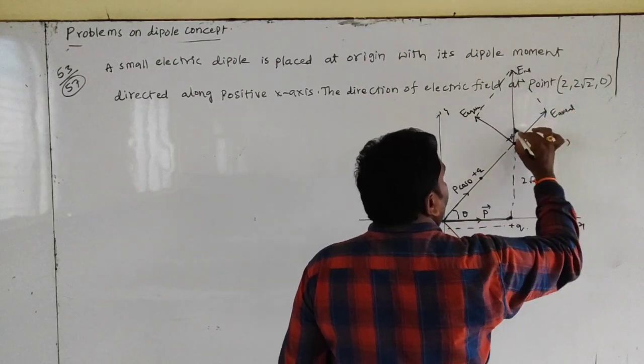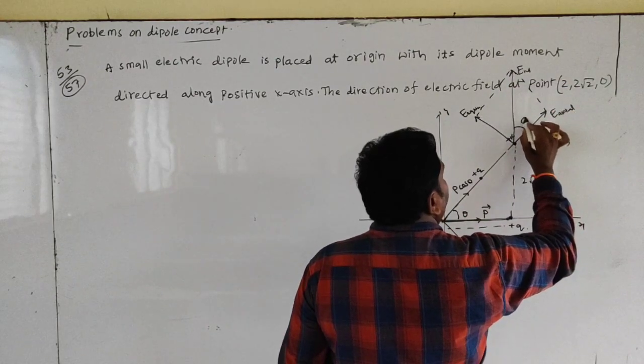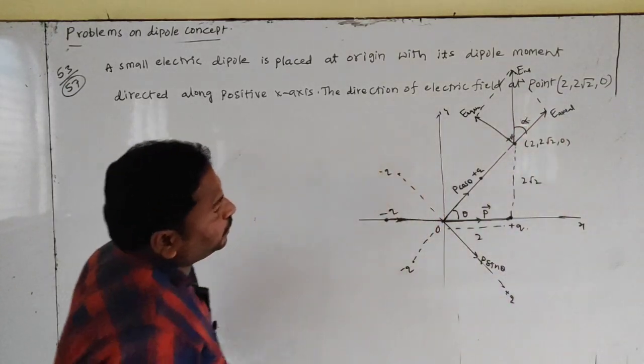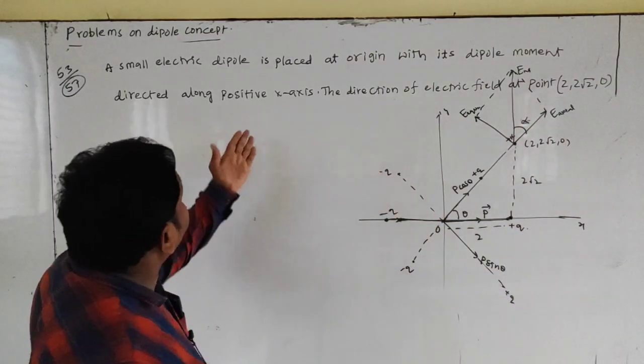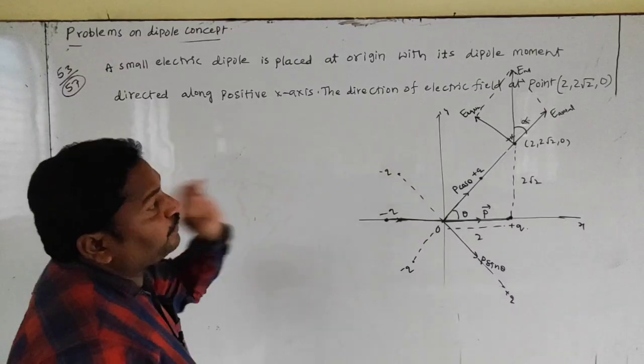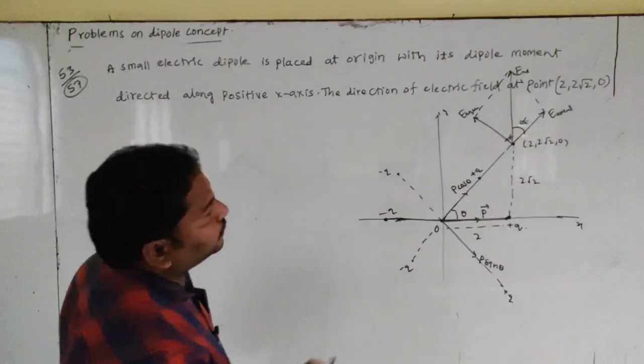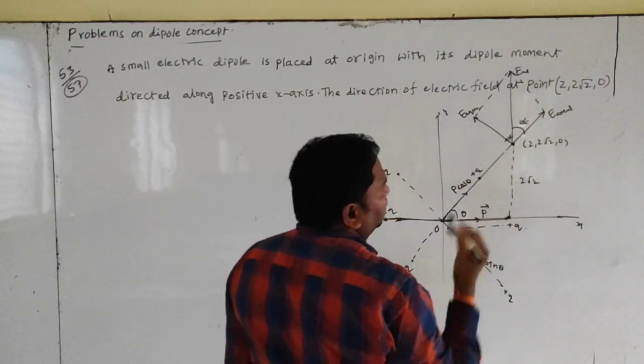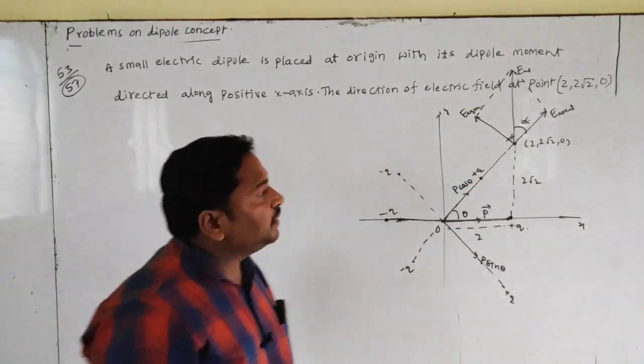It makes an angle, phi or let's say alpha. First we are going to find the direction of the electric field, whether it is along the y-axis, the xy plane, or the x-axis.